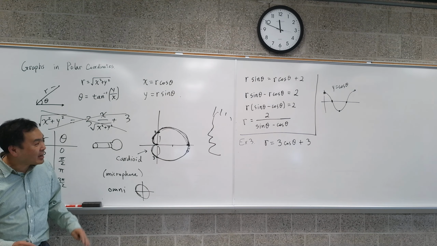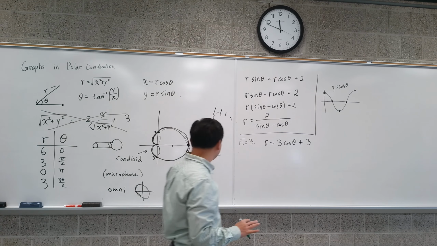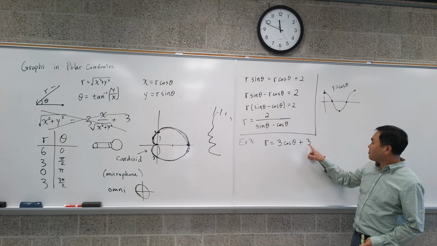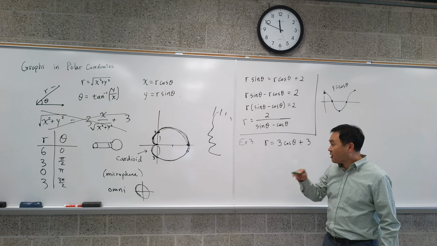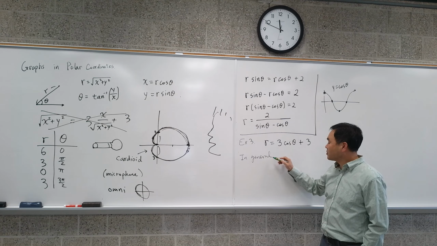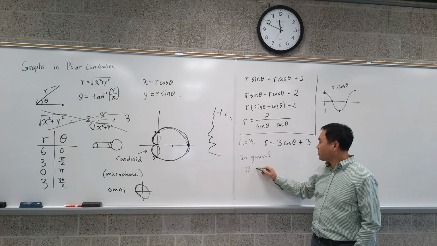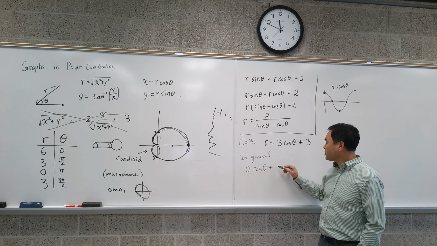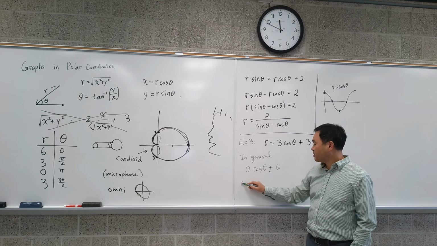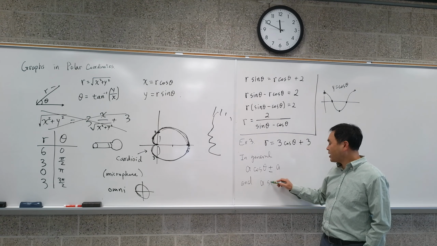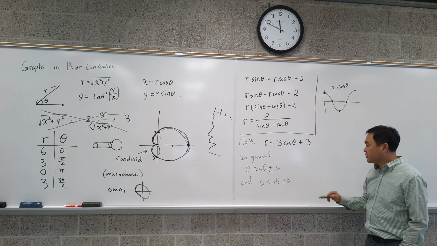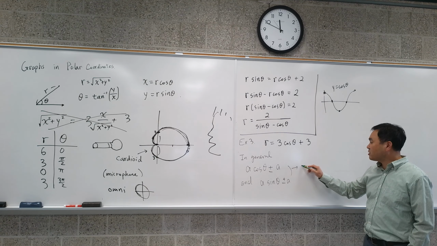Now, I actually do not know why it has this explicit shape. In general, if you have A cosine theta plus or minus A, and A sine theta plus or minus A, these have cardioid graphs.